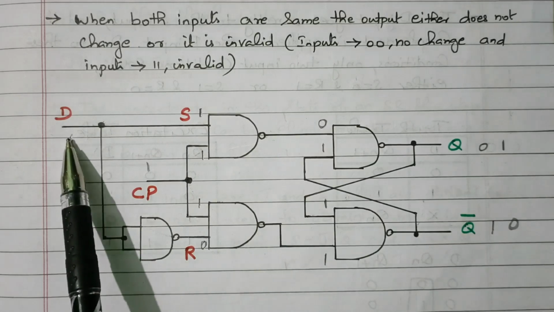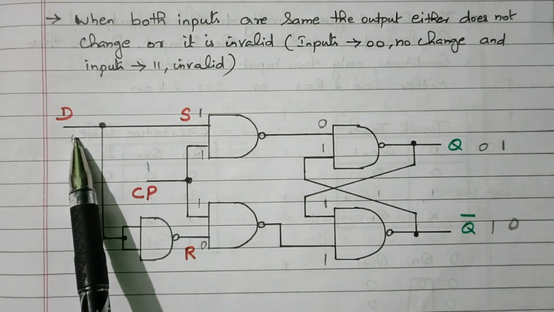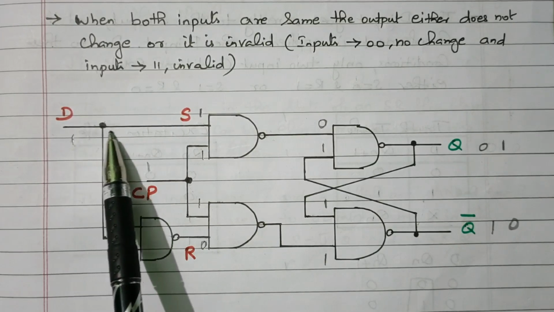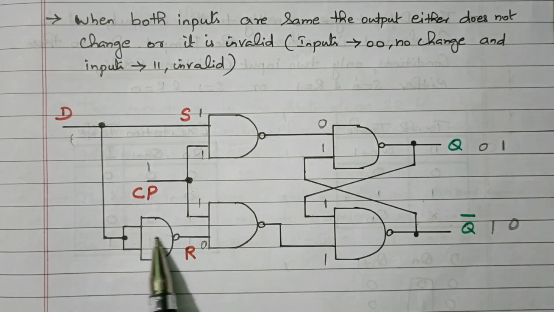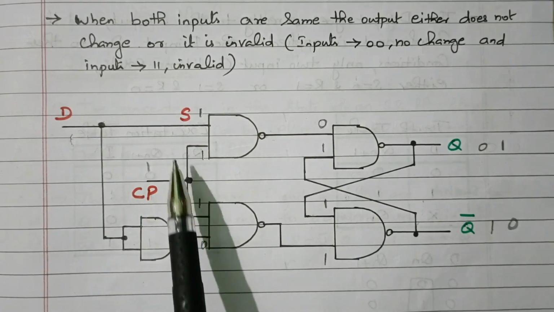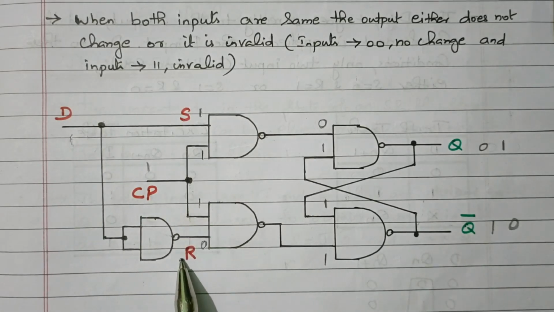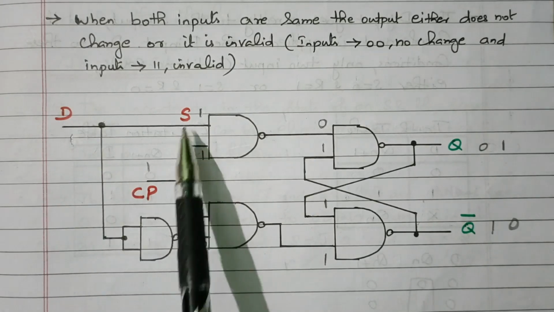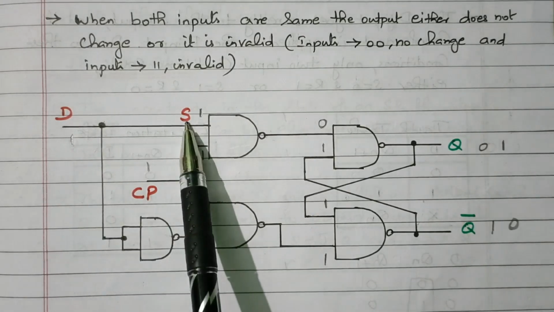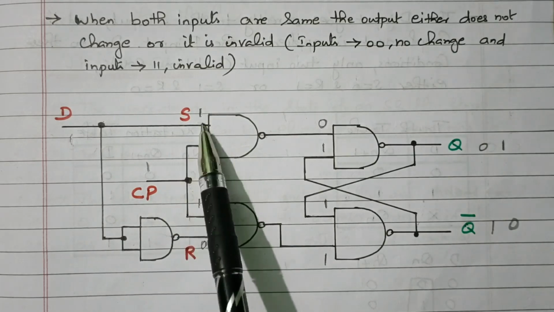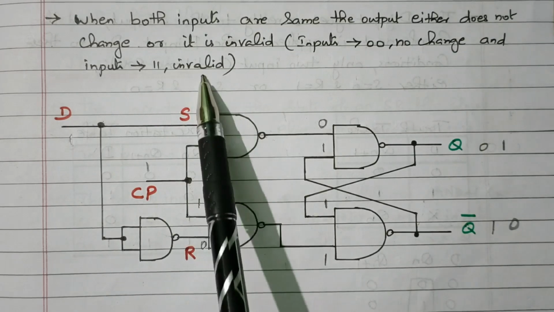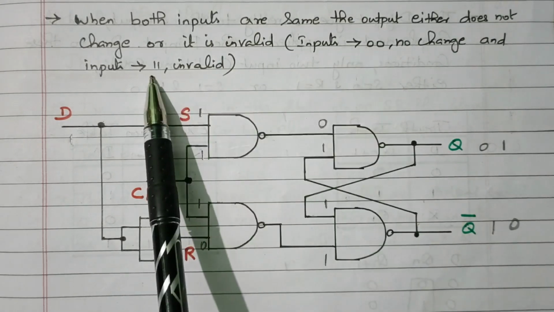In the D flip-flop, only one input is given. The D input is given to S. The inversion of the D input is given to R. So the S and R inputs are inverted. S 0 means R 1. S 1 means R is 0. So both are inverted, and this case will not arise: 0, 0 or 1, 1.